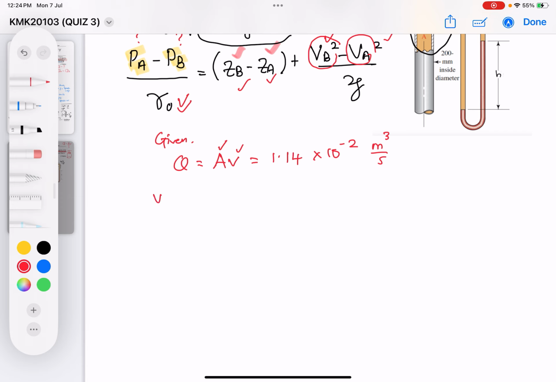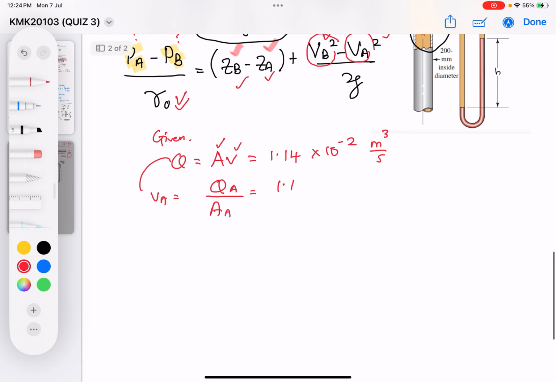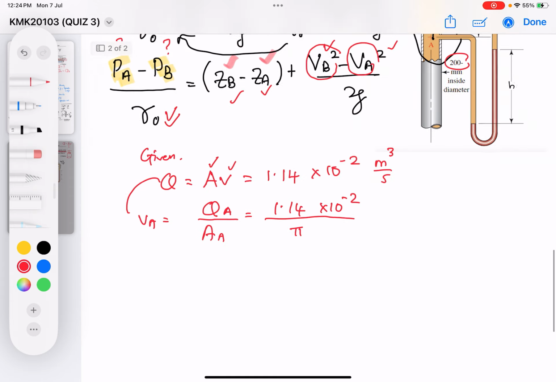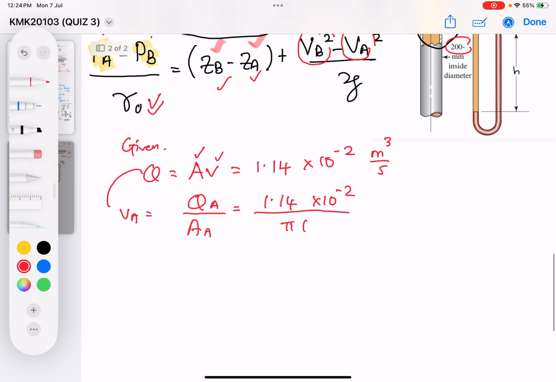For example, VA equals Q at point A divided by area at point A. Q is always the same: 1.14 times 10 to the power of negative 2 divided by the area at point A, which is pi multiplied by the diameter, which is 200 millimeters or 0.2 meters, squared, divided by 4.